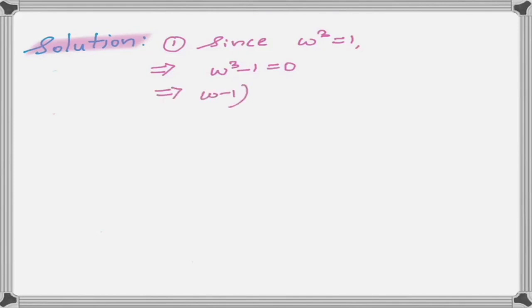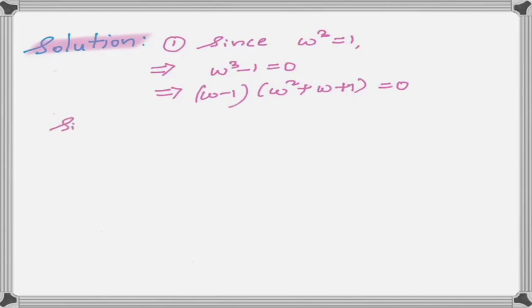The first property which I want to recall is that since omega is a cube root of unity, omega cube is equal to 1, which implies that omega cube minus 1 equals 0, which in turn implies that (omega minus 1) times (omega square plus omega plus 1) equals 0.